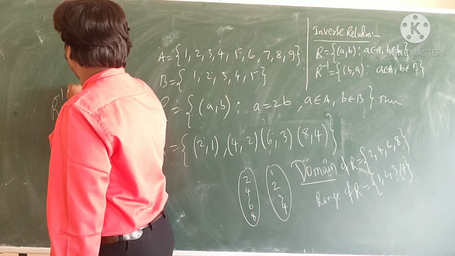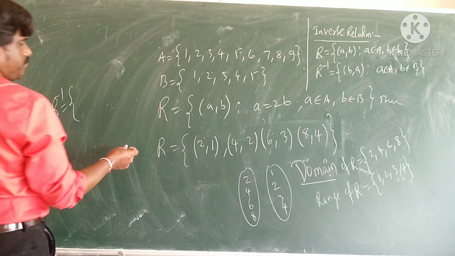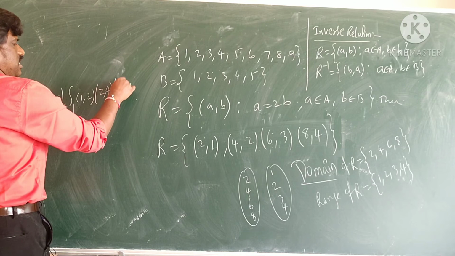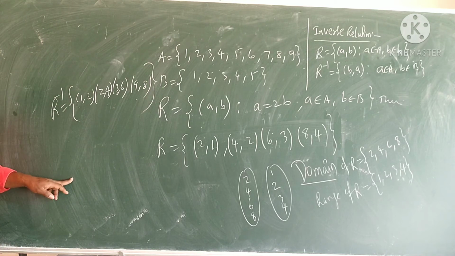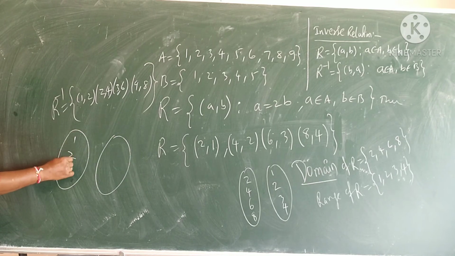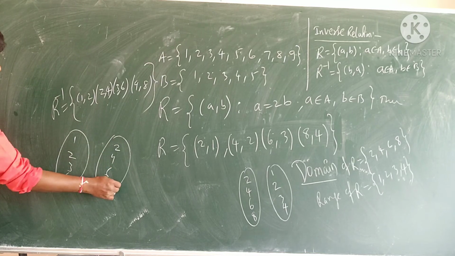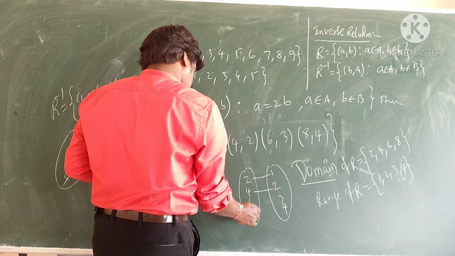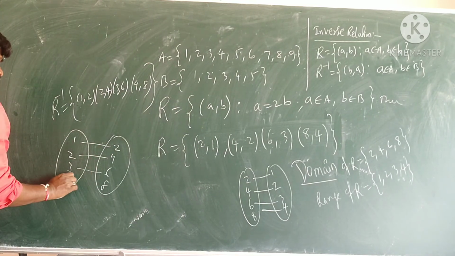You get it by interchanging the coordinates: (1, 2), (2, 4), (3, 6), (4, 8).